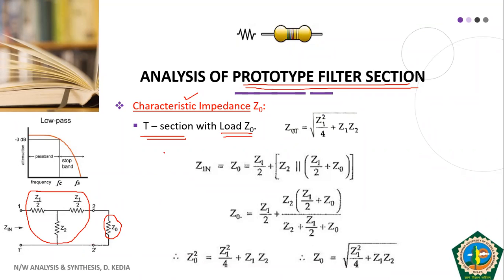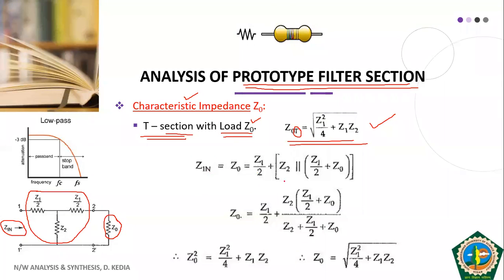We are finding the driving point impedance or the characteristic impedance of the T section which has load Z naught. We saw its derivation in the previous class, and if you derive this you will come out with this expression. Z naught, the characteristic impedance of the T section, is under the root Z1 square by 4 plus Z1 into Z2.